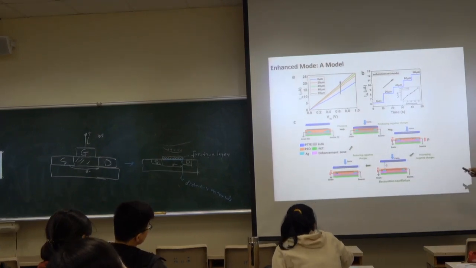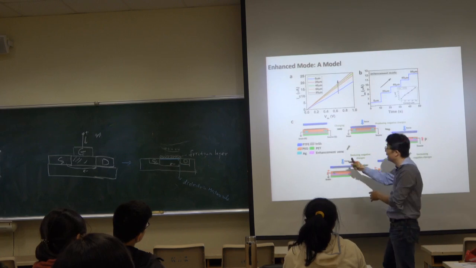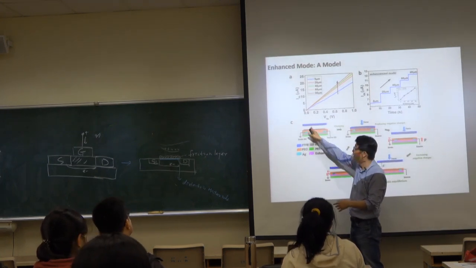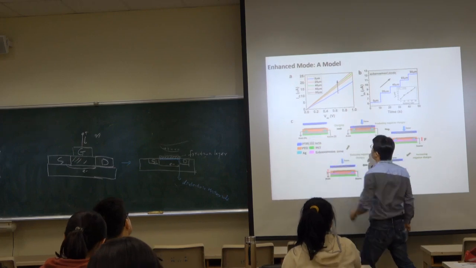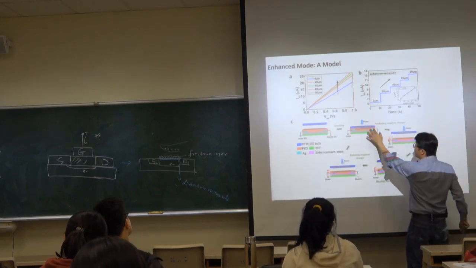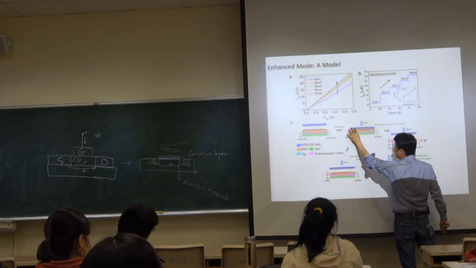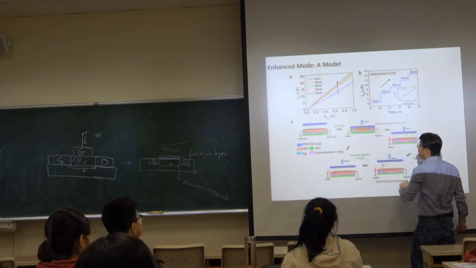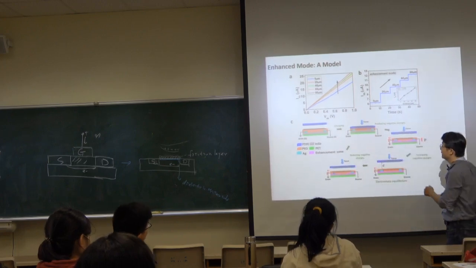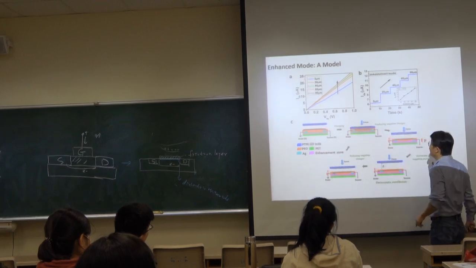So you can look at this A mode. Remember about this, A mode is PTFE on the top side, and the bottom side is PO. If you apply the force and fully contact, there is charge neutrality. Here is the drain side, here is the source side.